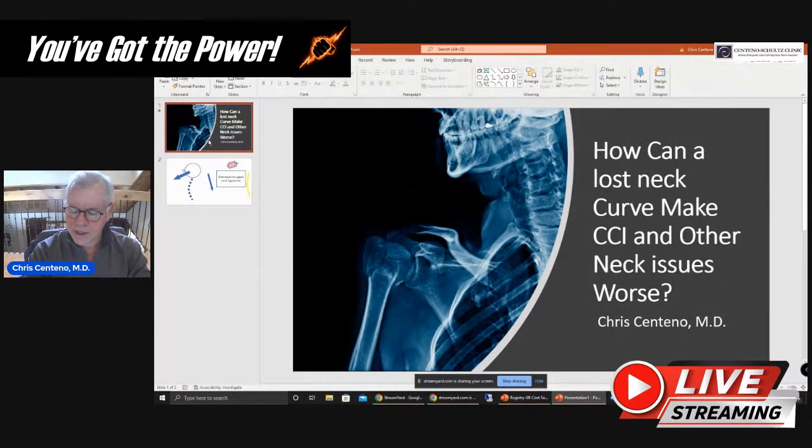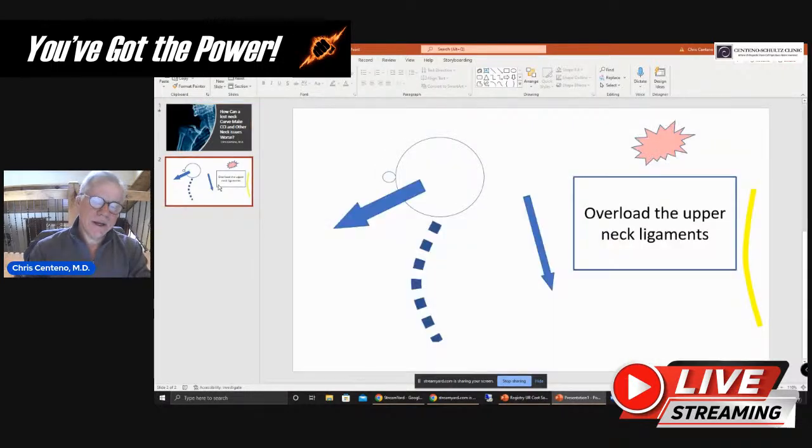The topic we're going to get into today is how a lost neck curve can make CCI and other neck issues worse or better. And rather than a static didactic lecture, I'm going to use this PowerPoint slide because I can move things around and better illustrate the points here.